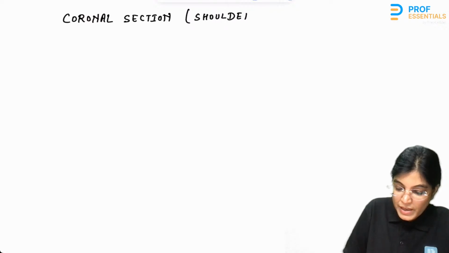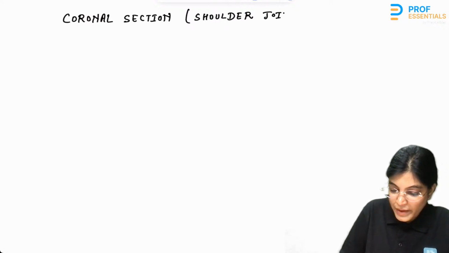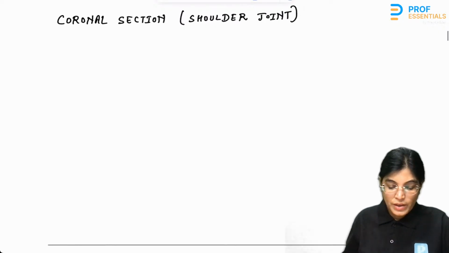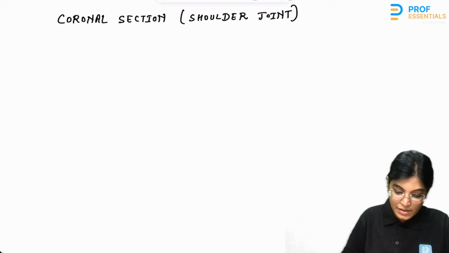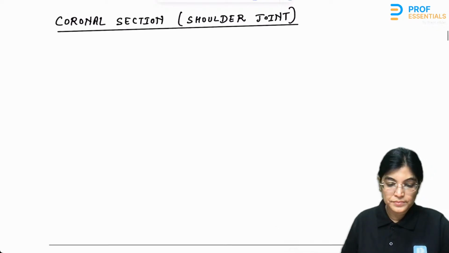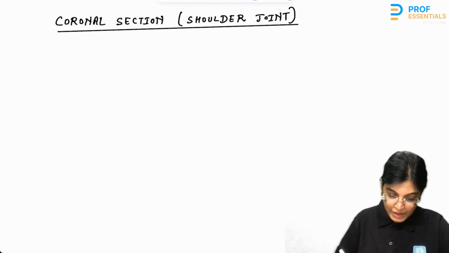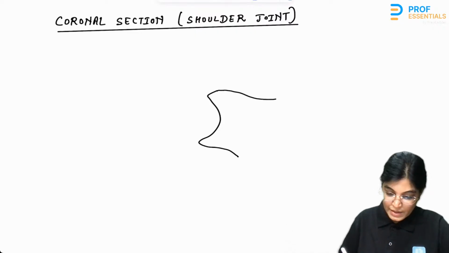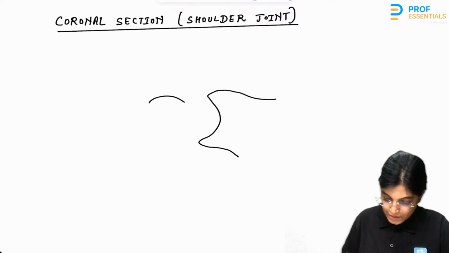We are making a coronal section through the shoulder joint, and I want you to show the important surrounding structures. So let's make a diagram. We can have an outline. What I have made here is the shallow glenoid cavity and the head of humerus.